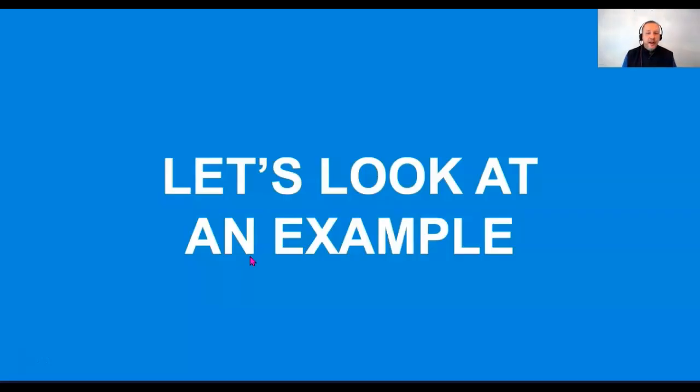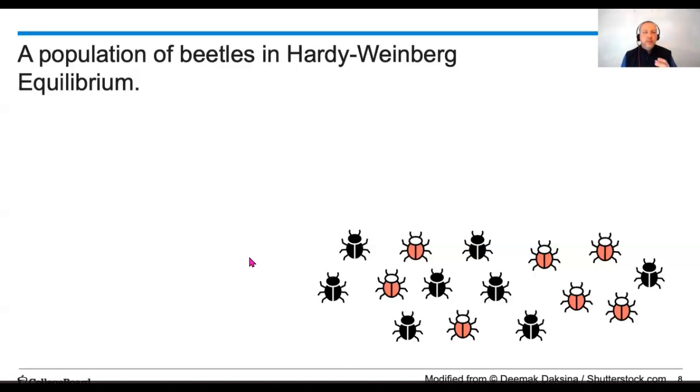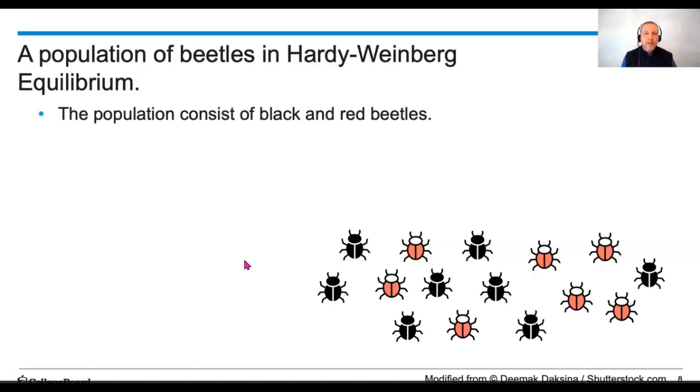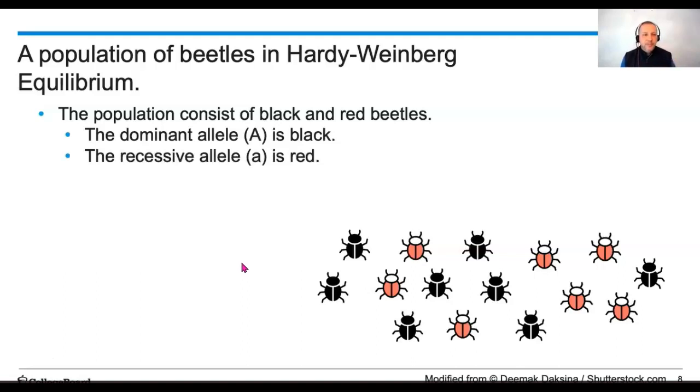So let's look at an example. We're going to look at a population of beetles in Hardy-Weinberg equilibrium. The population consists of black and red beetles. The dominant allele is black, and we'll use capital A for that allele. And the recessive allele is red, and we'll use lowercase a.